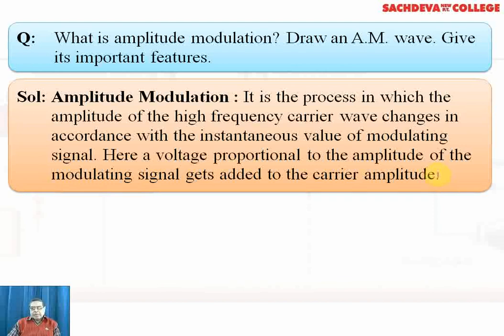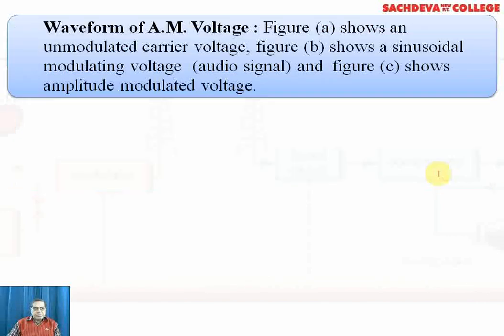So voltage proportional to the amplitude of the modulating signal. When we say amplitude of the modulating signal, it means the mixed signal has some amplitude and voltage will be directly proportional to that amplitude of the modulating signal, and it gets added to the carrier amplitude.